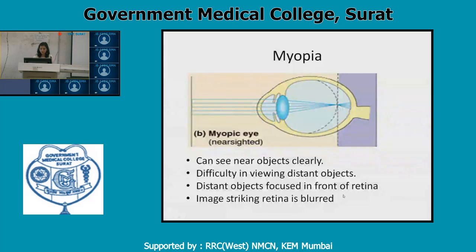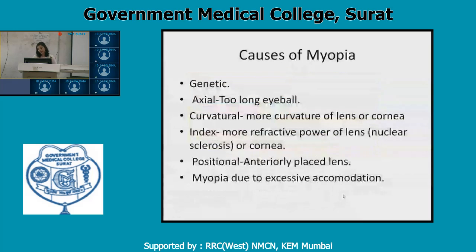Now, what are the causes of myopia? It is genetic; of course, it runs in families. If parents or grandparents wear glasses, then children are likely to have them too, so there is a genetic disposition to this condition. Then there can be an axial cause, a refractional cause, and a positional cause.